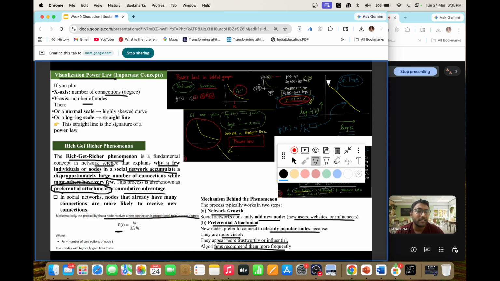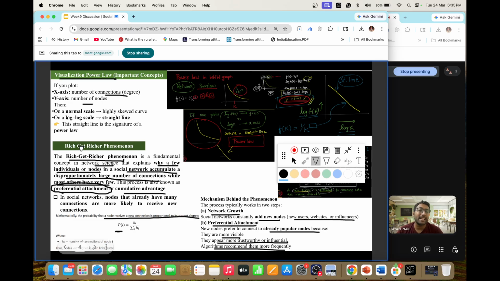That is why the curve with log k on the x-axis and log f(k) on the y-axis will be a straight line with a receding slope. Why receding? Because it is minus m, the slope is negative.